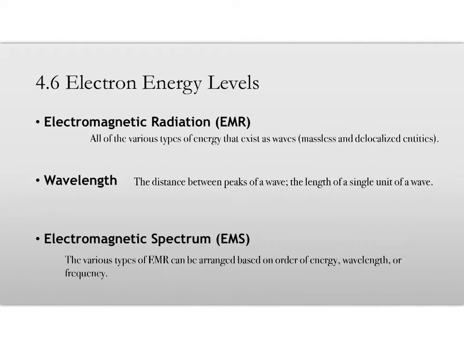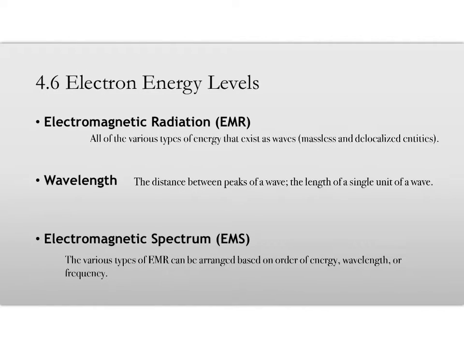But there are various different types of electromagnetic radiation. There's X-rays, gamma rays, ultraviolet rays, visible light, infrared, microwaves, radio waves, and so on and so forth. All those are the various different types of electromagnetic radiation.